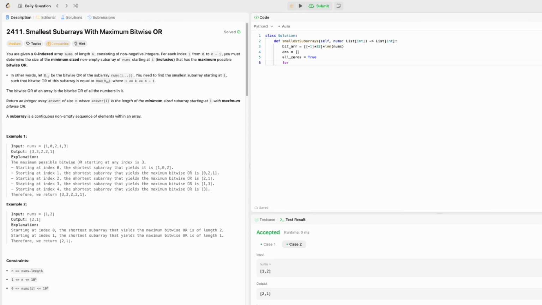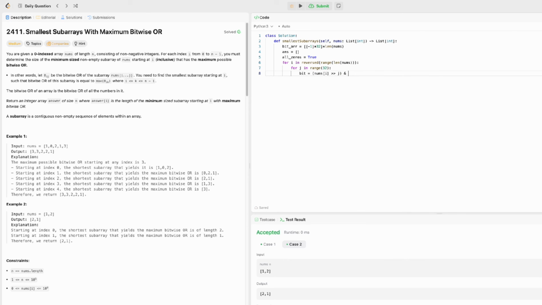So for now I will iterate this one in reverse over the range of all of the numbers we have, with i being the index, and then I will go through all of the bits. So here we have the bit, which is equal to nums of i, and then I will shift it to the right, shift by j, right?